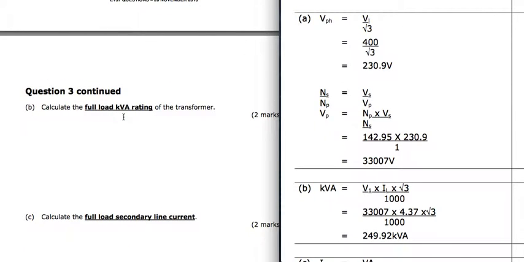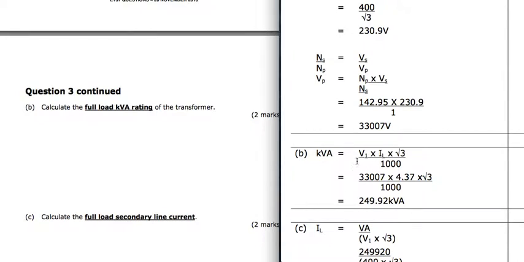Calculate the full load kVA rating. So the kVA is going to be V times I times root 3, and they've divided by 1000 to give the answer in kVA. If you don't divide by that 1000, you'll just get a bigger number that you can convert to kilo anyway.